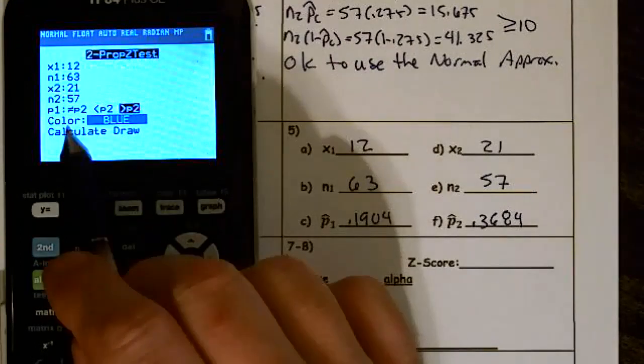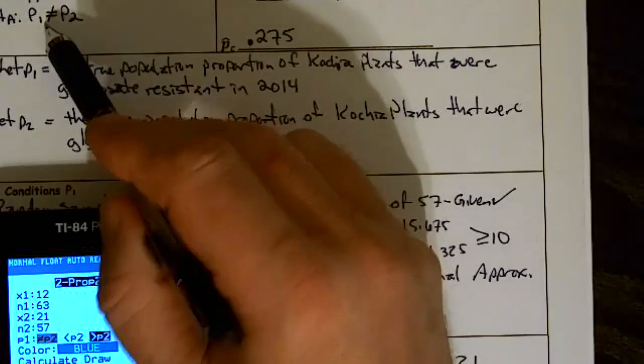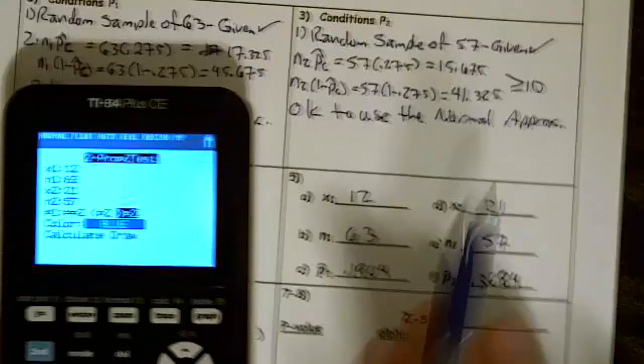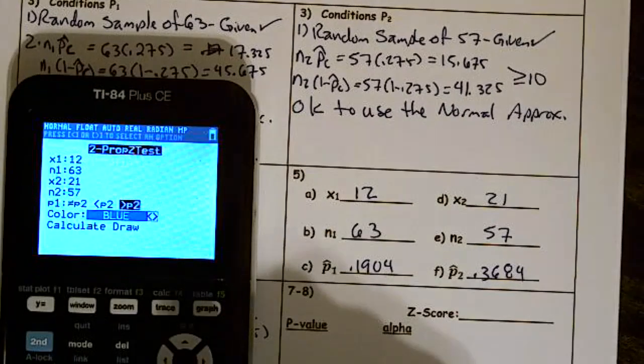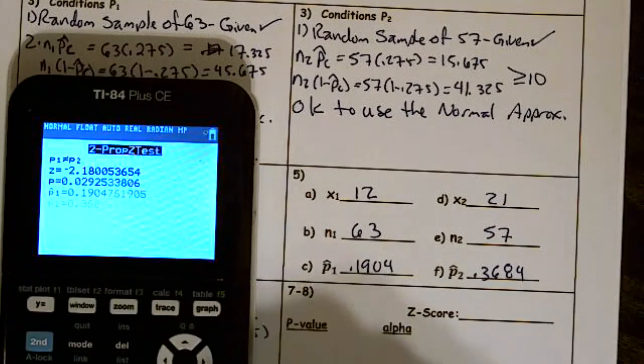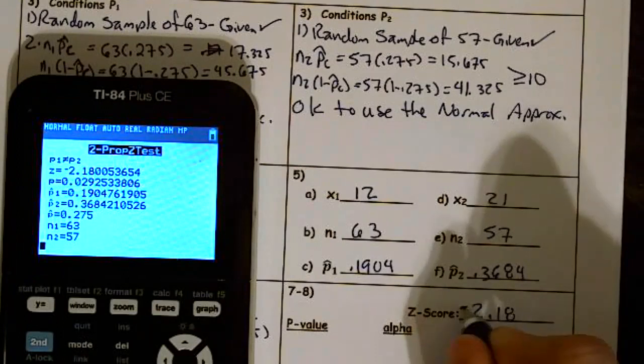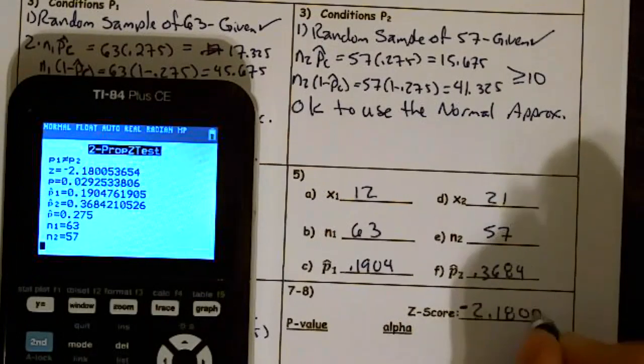We had a not equal symbol because we said it was different, it was changed. And we're going to ask it to calculate. So I get z equals 2.18. It happens to be negative. We need to include that. Make sure that you have the sign with it.